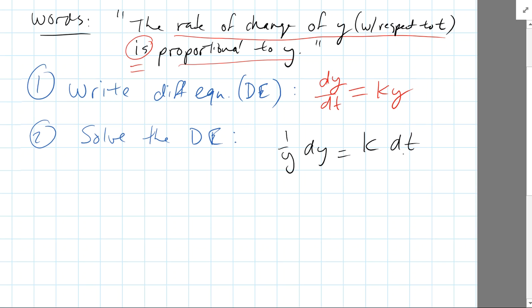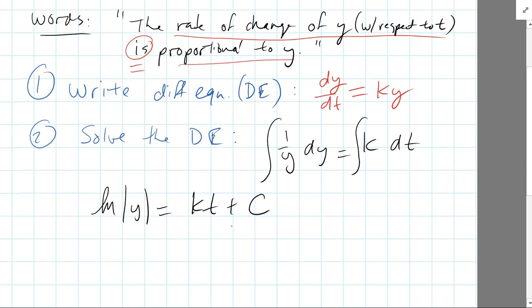No. What's the integral of dt? t plus c. So I'm going to integrate both sides. What's the integral of 1 over y dy? Natural log absolute value of y equals the integral of k dt, which is just kt plus c. We did one like this yesterday, remember? We did an exponential growth and decay problem like this yesterday.